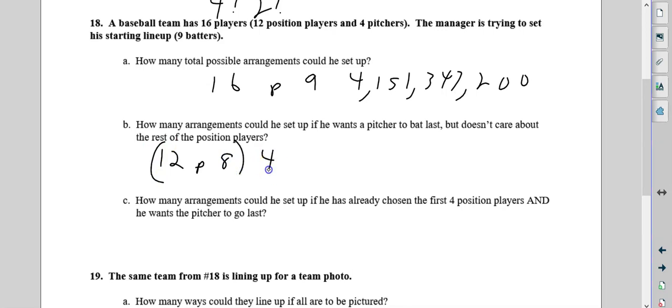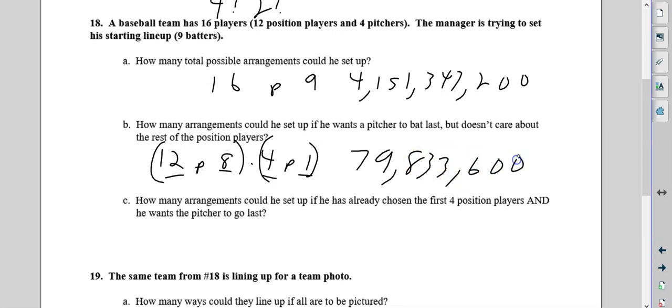There's 4 pitchers. He's batting. So again, 8 plus 1 is 9. 12 plus 4 is 16. All right. And when we multiply those numbers, we get 79,833,600 lineups.